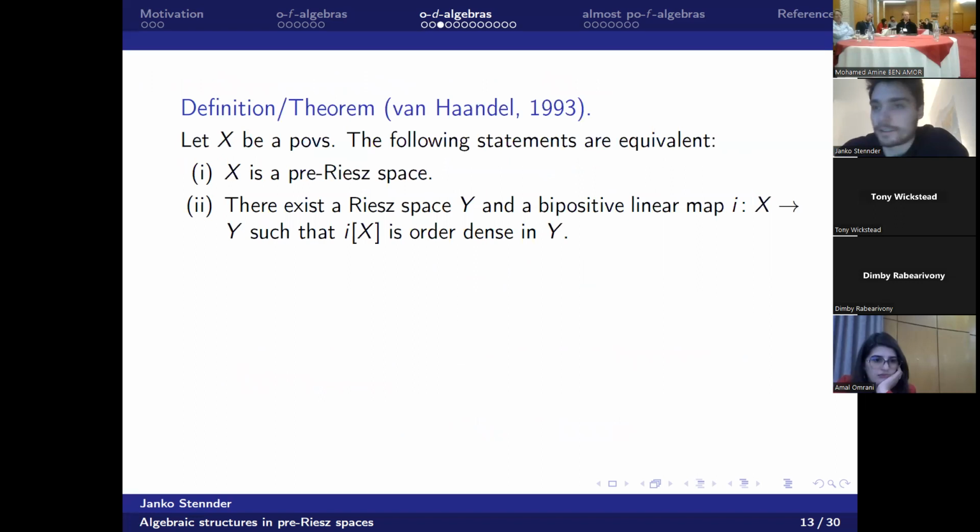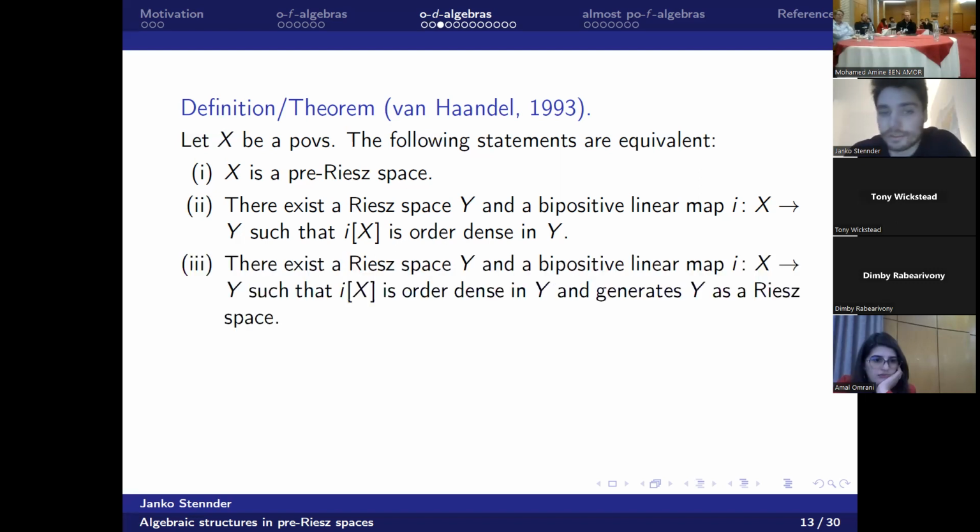And I promised you a nice characterization of those Riesz-star homomorphisms. And this is only true in pre-Riesz spaces. Today you heard the third time of pre-Riesz spaces, but I'll quickly show you again what a pre-Riesz space is. It's just some partially ordered vector space where we find a Riesz space or a vector lattice Y and a bipositive linear map from X to Y such that the image here is order dense in Y, where we again mean the order denseness in the partially ordered vector space sense.